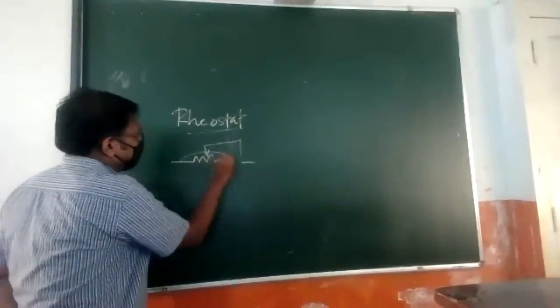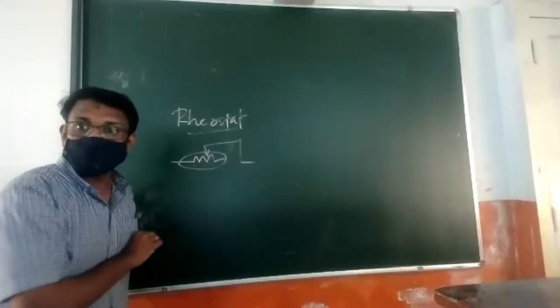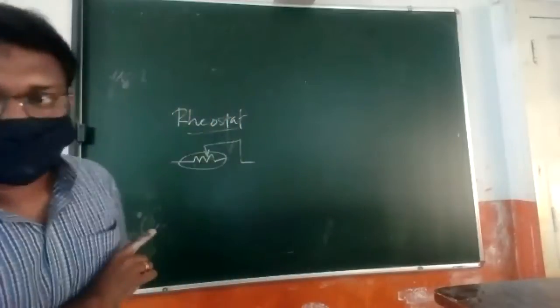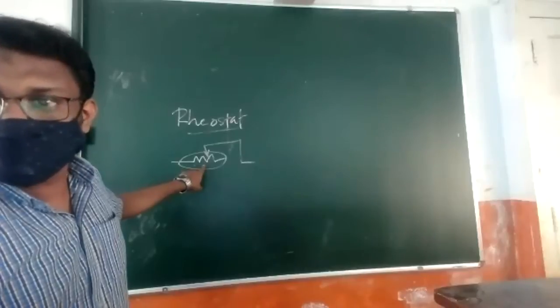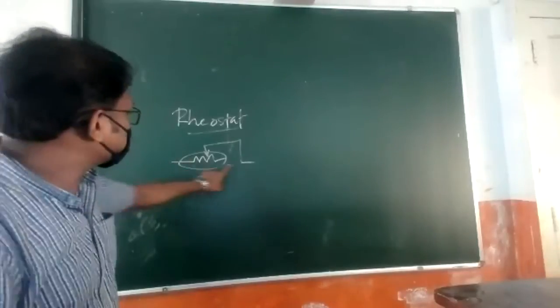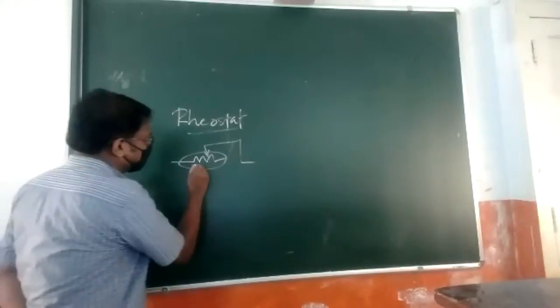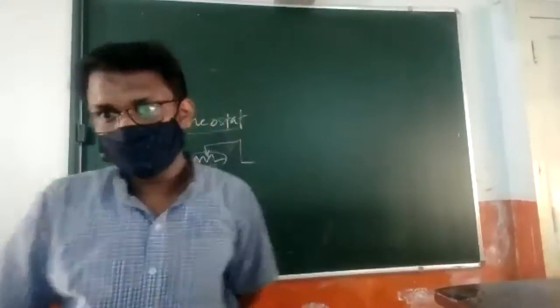And from this, it is clear that it is something related to resistance. That is the symbol for resistance. So from this symbol, since we are having a symbol of resistance there, it is somewhat related to a resistor.